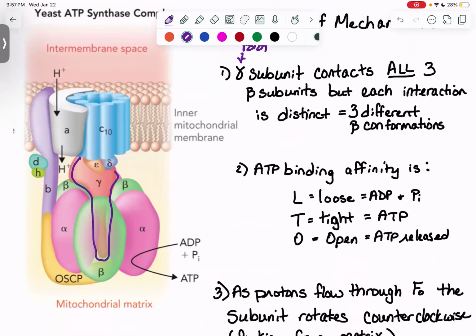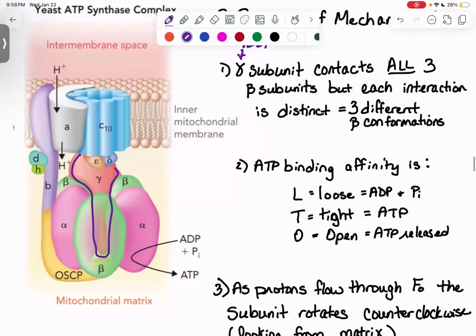So it is contacting all 3 of the beta subunits, but each interaction between that rotor and the beta subunits is distinct. So there are 3 different conformations that beta subunit can be in. And that corresponds to ATP binding affinity.